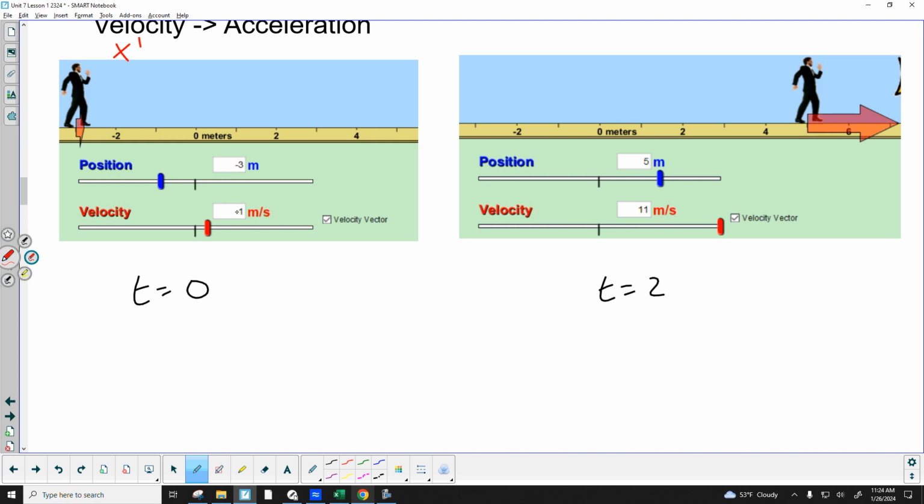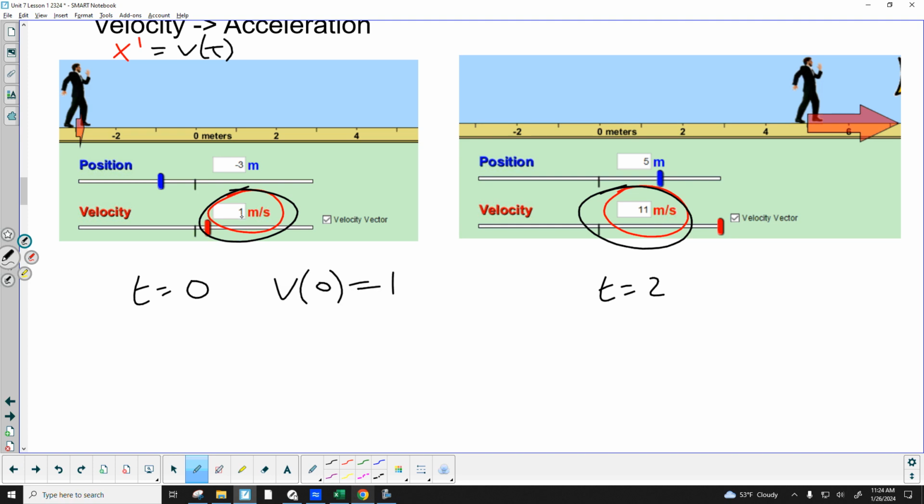Let's look at how velocity is changing. Well, if we now have this new function v of t, I can list off 2 points. v of 0 is 1. My velocity at time 0 is 1. v of 2 is 11. What happened over the 2 seconds?